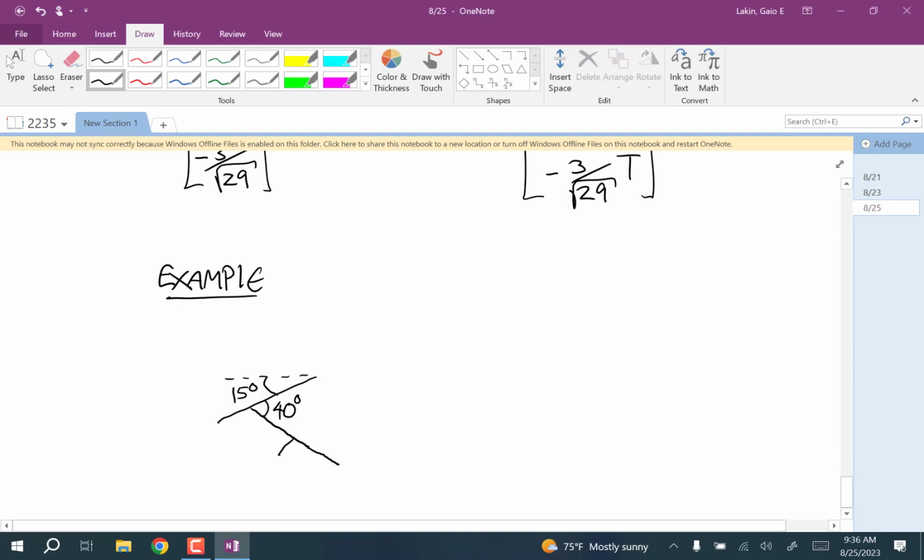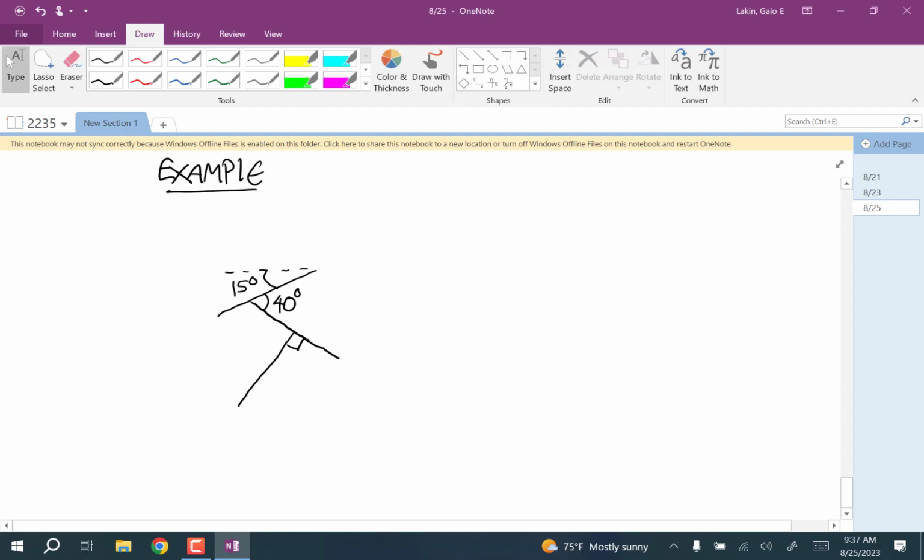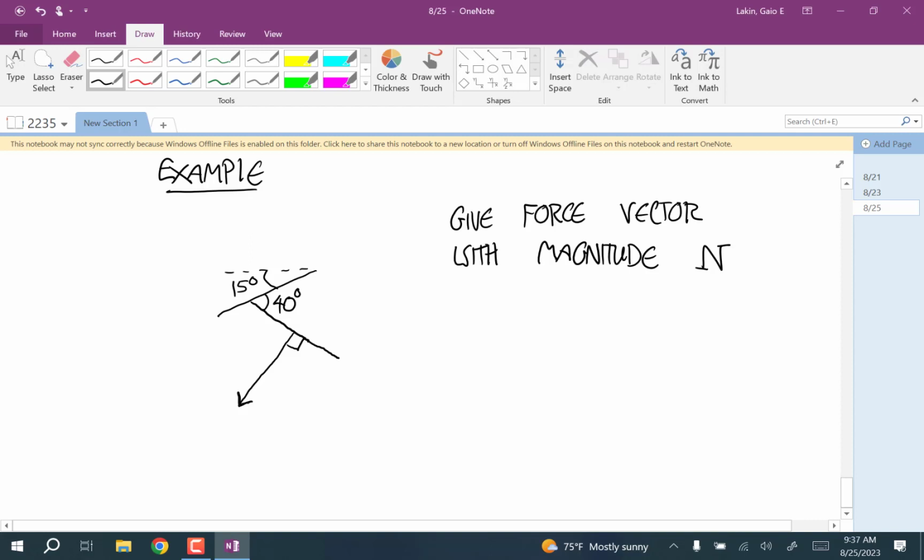And then the line we want is perpendicular to the second line. Okay. So give a force vector, and I guess I'll draw this as a vector like that. So give the force vector with a magnitude of capital N in the direction of that arrow.